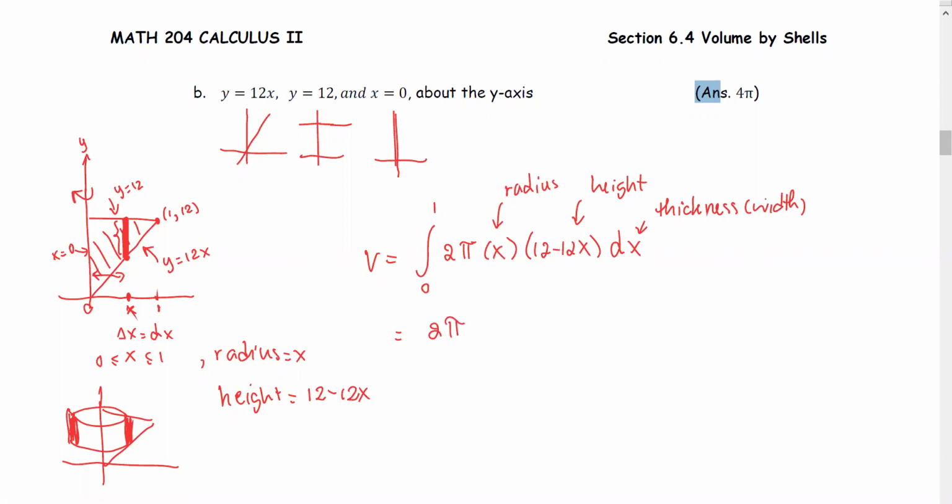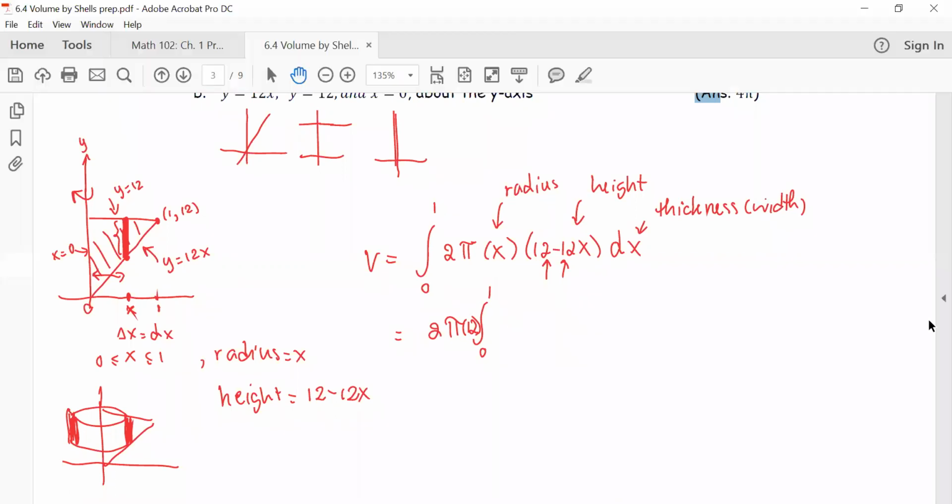Next, we're going to clean up and find the antiderivative. Factor the 2 pi out. And we can see the common factor 12 as well. So take the 12 out from 0 to 1 and multiply x to the parentheses. We should get x minus x squared with respect to x. And V equals 24 pi.